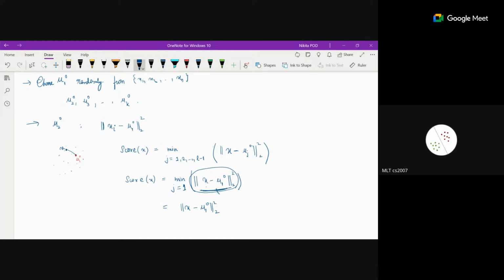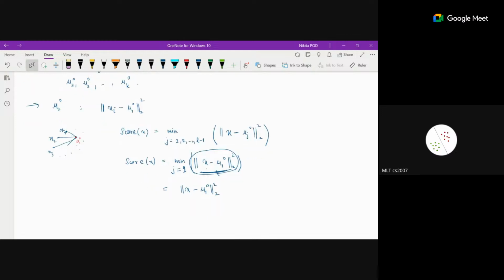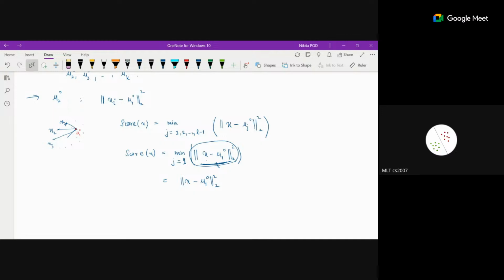So there will be some score associated with x1, some score associated with, let's say, x2, some score associated with x3, and so on. Now, once you have computed the score for each of these data points, then we will compute the distribution of these data points. Okay, so let's say I just take 5 data points: x1, x2, x3, x4, x5.